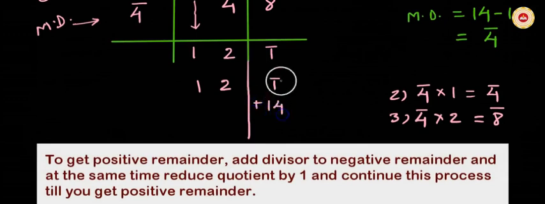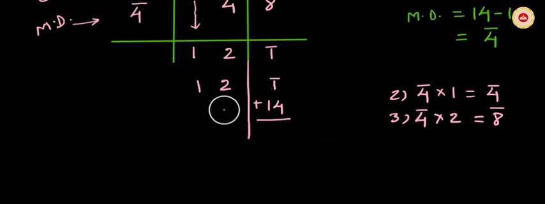Okay, let us add 14 to minus 1, that is negative remainder. When you are adding this 14, it means that you are reducing this quotient by 1. So reduce this quotient, that is subtract 1 from quotient 12. So 12 minus 1 is 11. See, this is 11.